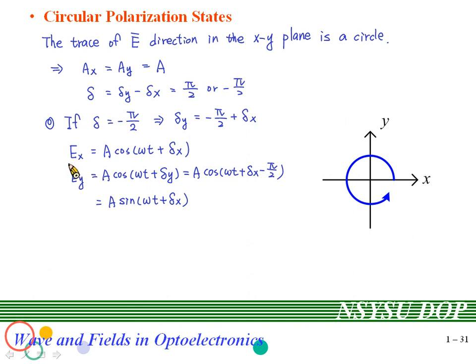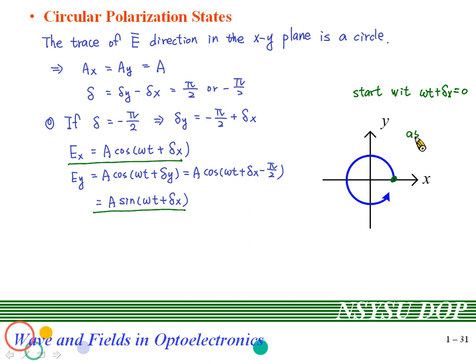And now we try to use these two results to see what the properties of this circular polarization state are. Okay, we start with omega t plus delta sub x equal to 0. As this phase is 0, we know that Ex will be 1 and Ey will be 0. So we start from this point.